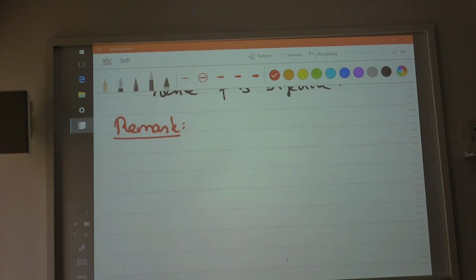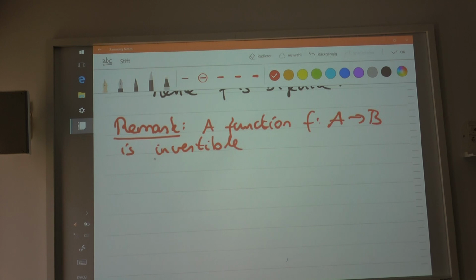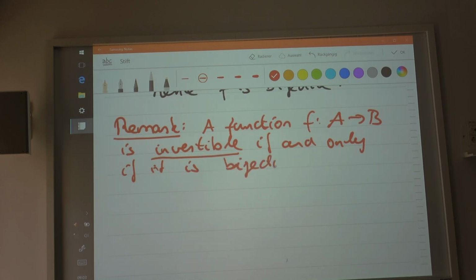A function, f goes from A to B, is invertible if and only if it is bijective. So the function has to be bijective to be invertible.